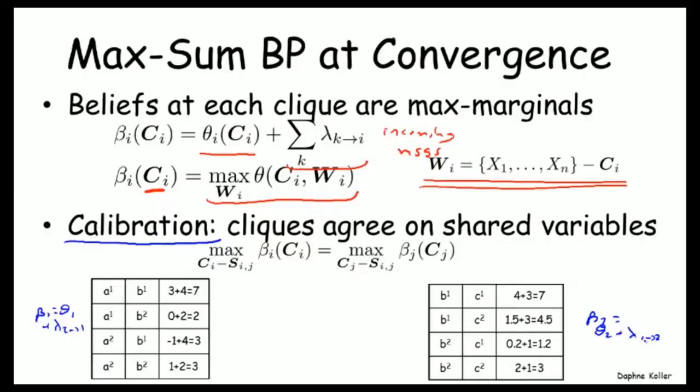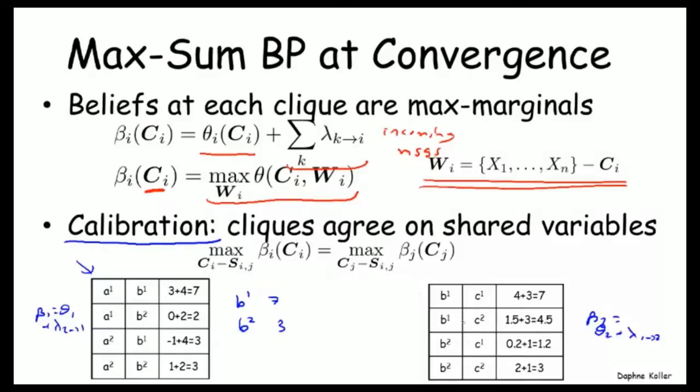And let's look at what the calibration property tells us. If we look at the implications of this clique regarding the variable b, it tells us that the best possible completion for b1 has a score of 7, and the best possible completion for b2 has a score of 3.